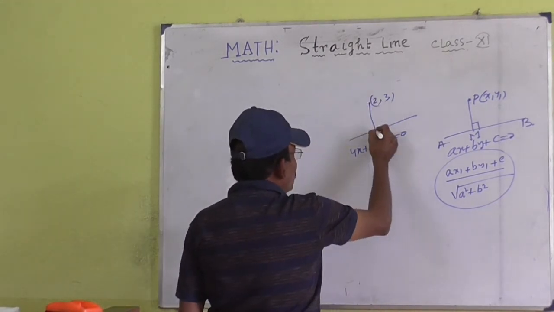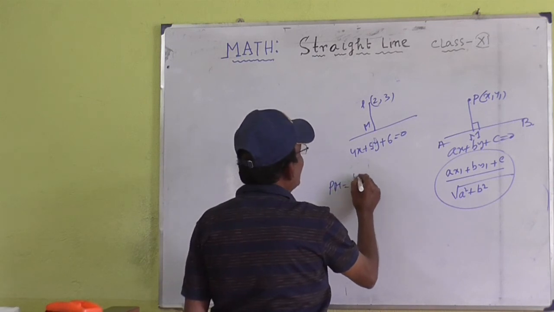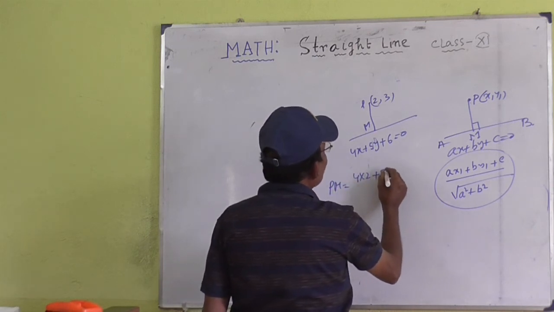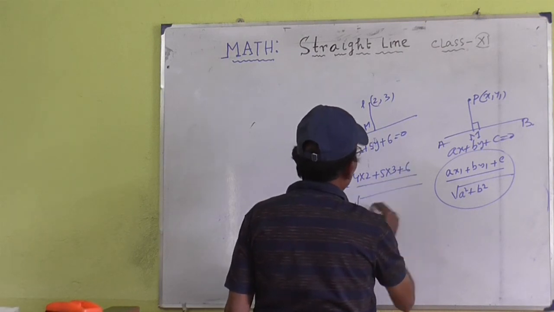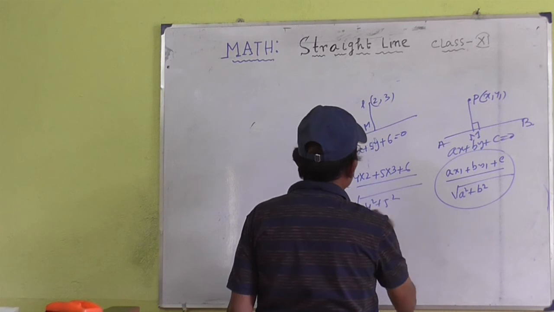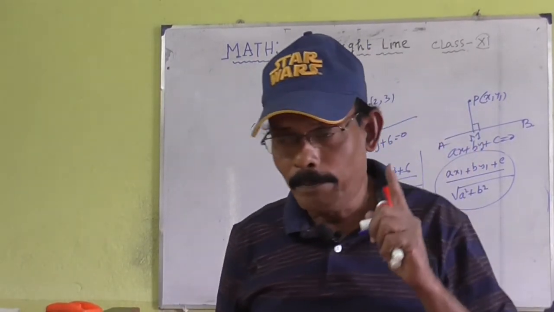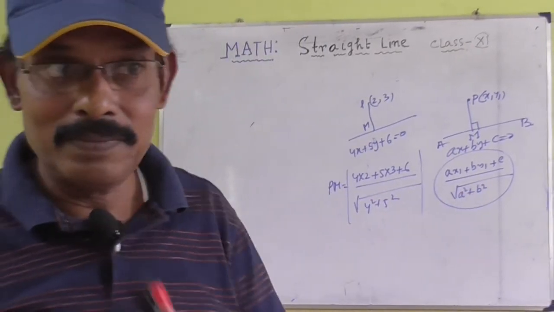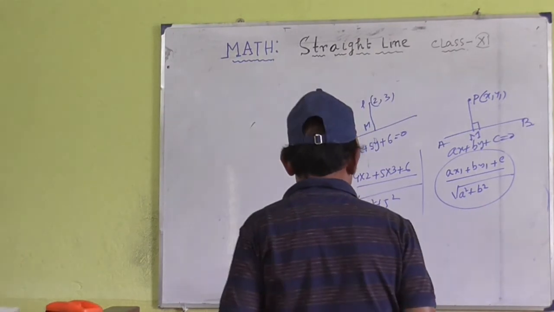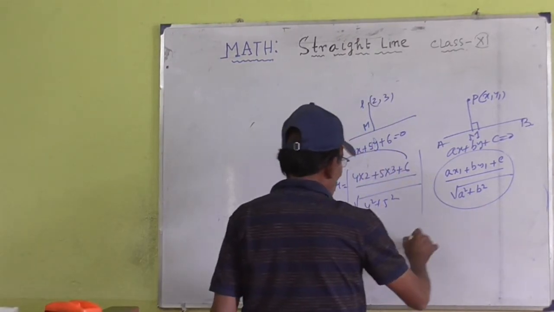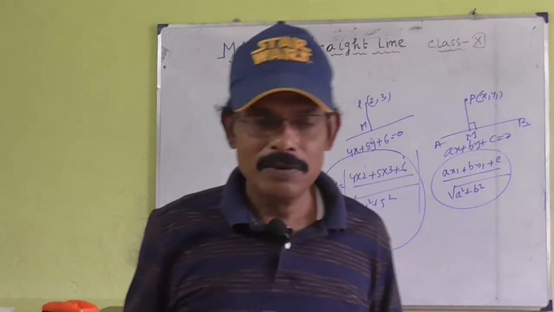So the perpendicular distance is the modulus of 4 into 2 plus 5 into 3 plus 6 by root over 4 square plus 5 square, but you must choose the modulus value because perpendicular distance can't be negative. Clear? If we solve this, we will get the perpendicular distance.